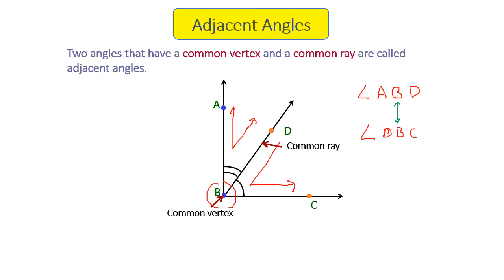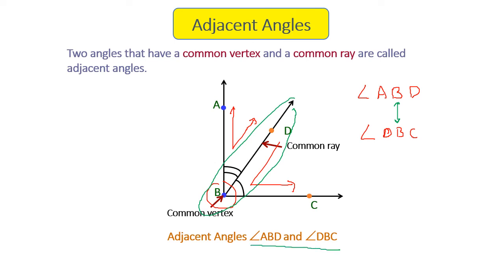And one of the arms is also common. One of the rays is also common. In this example, it is BD. This BD is common to both the angles, right? So these types of angles are known as adjacent angles. See here, it is written: adjacent angles are angle ABD and angle DBC.